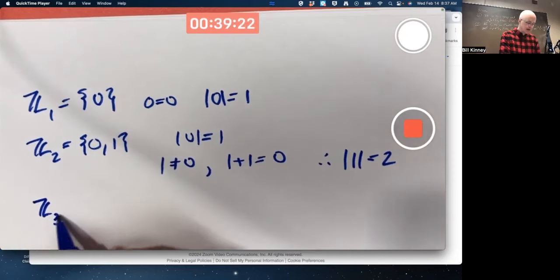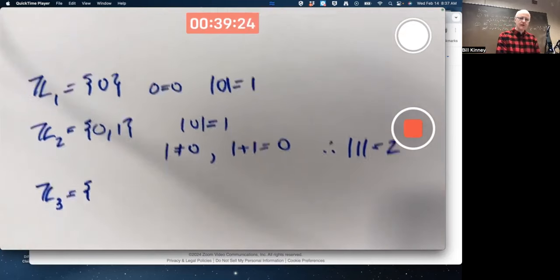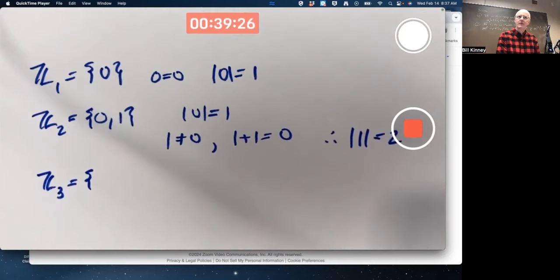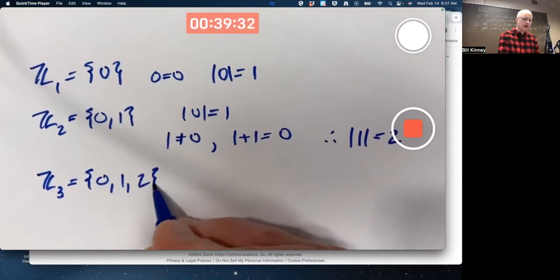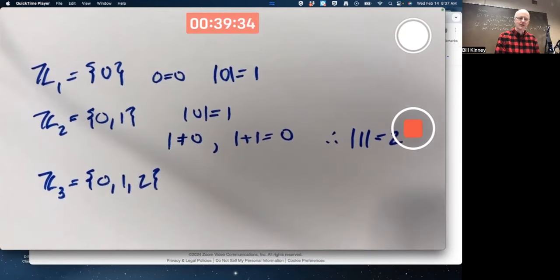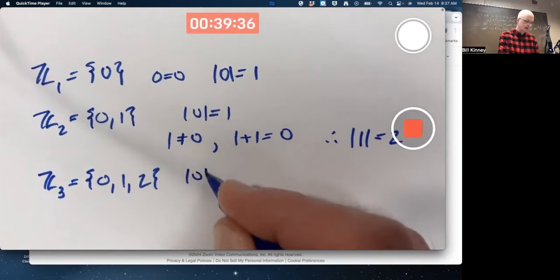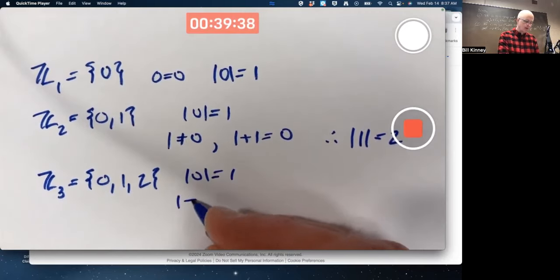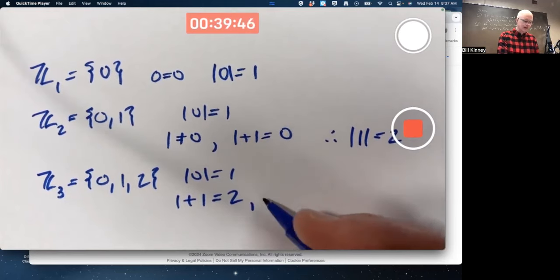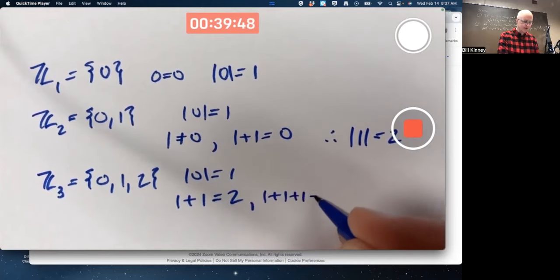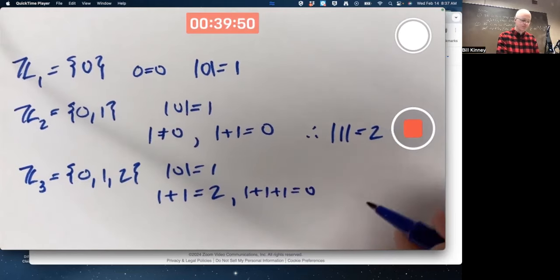In Z3, it's got the first 3 integers starting with 0: 0, 1, and 2, under addition mod 3. Once again, the order of 0 is 1. The order of 1 is not 2 this time, because 1 plus 1 is 2, not 0. It's 3. 1 plus 1 plus 1 is 0 mod 3.